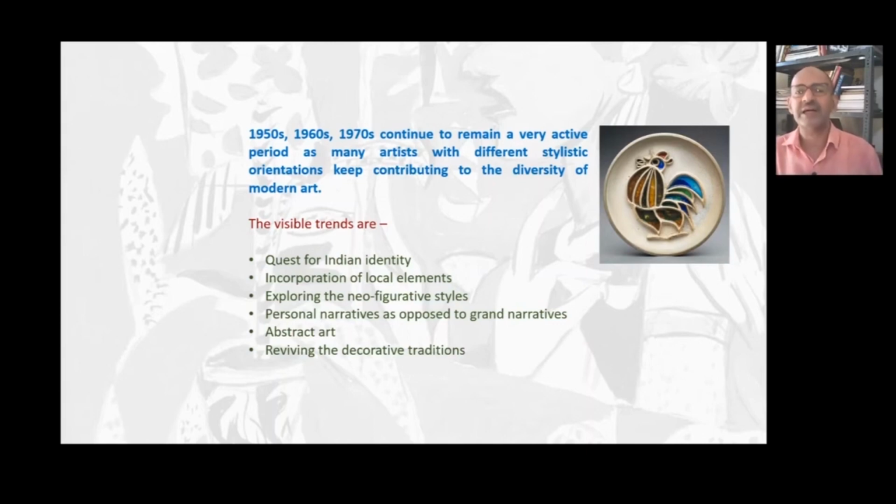A human figure can also carry memories. It can also carry, or at least reflect, the socio-political happenings around that time. Therefore, figuration became a real issue for most of the artists who tried to solve that issue in their own respective individual ways.